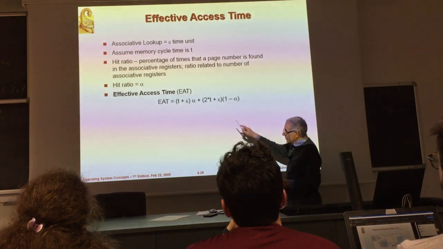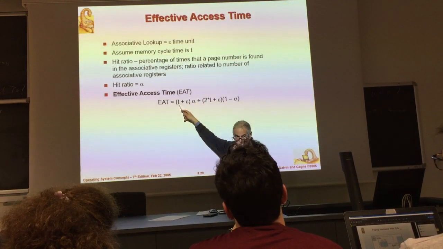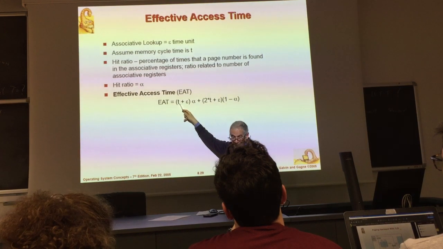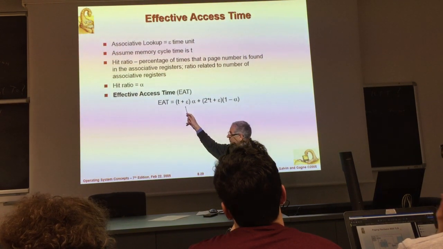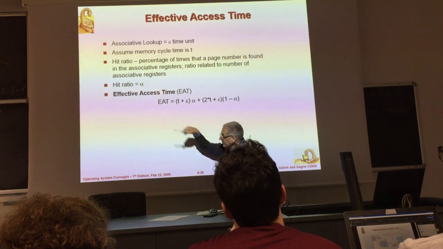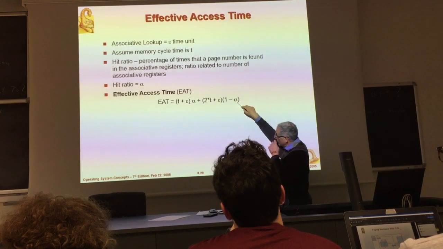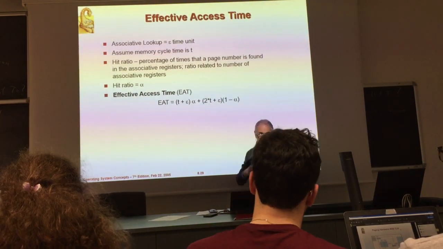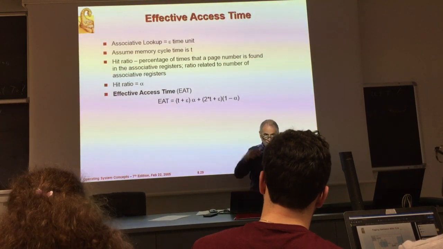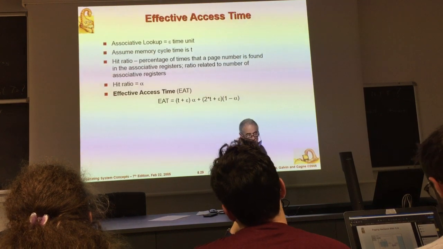So in case of success with this probability, the effective access time will be epsilon, the TLB, plus T for accessing the data. Otherwise, with probability 1 minus alpha, you have 2 times T, because you must read the page table and the value, plus the update of the TLB.